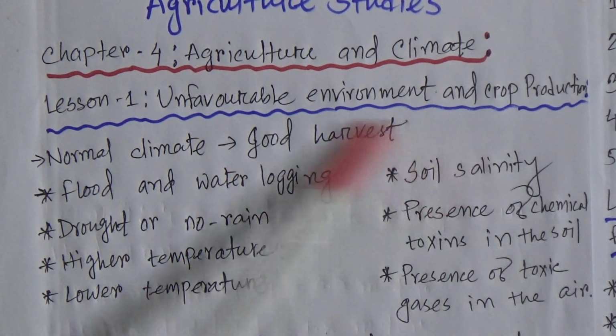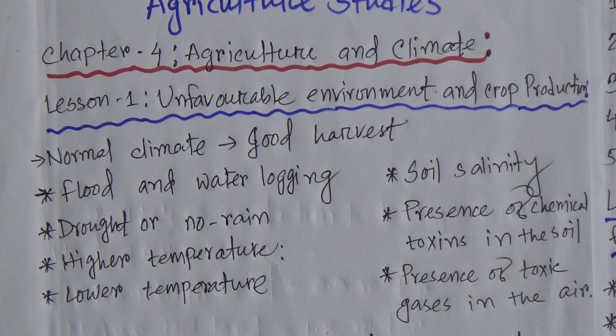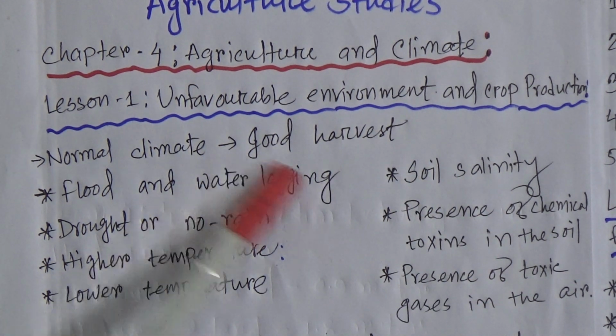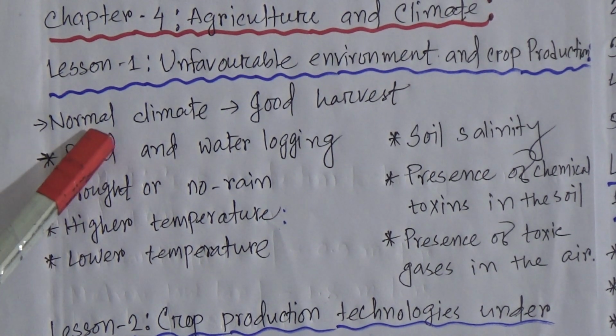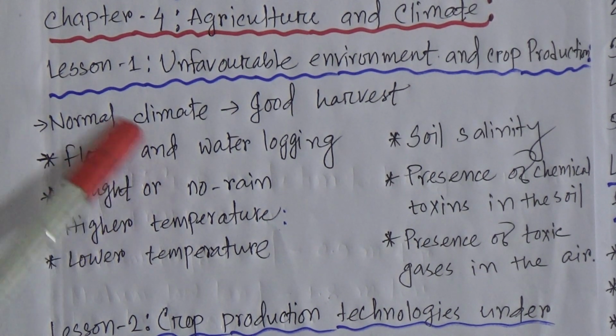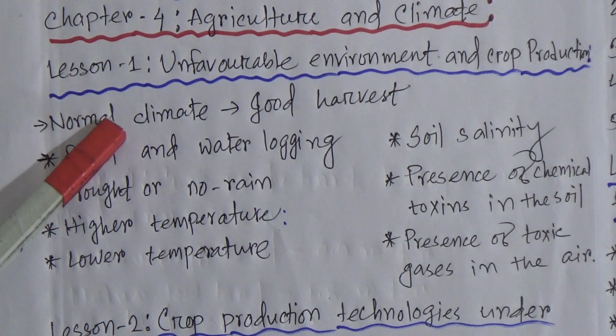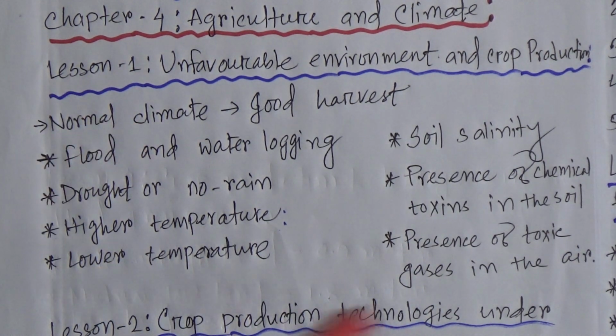Dear students, all these bad things denote bad harvest, and they also help or influence to make the climate bad. This was all about lesson 1.